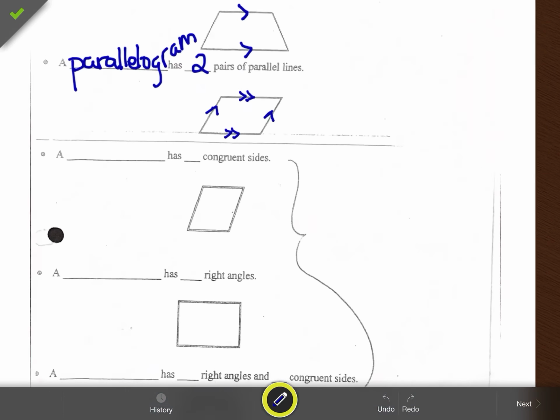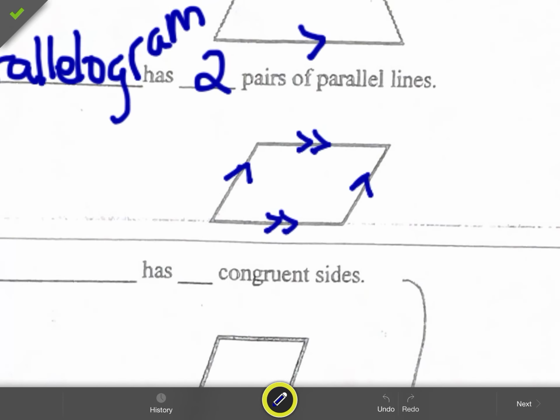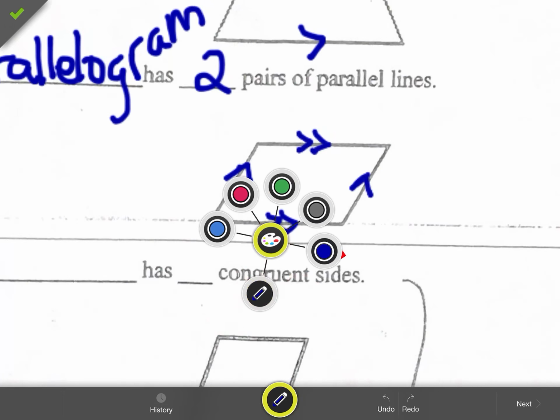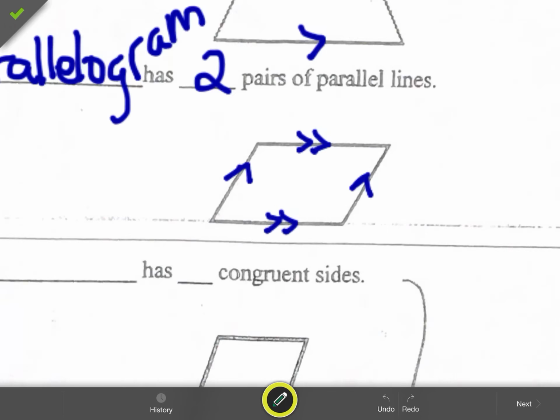Okay, so if you come back here and look at this shape, excuse me, we know that your opposite sides are parallel. They're also congruent. So just as an example, that means if this top piece is 12, then you know this bottom piece is 12. If this left side was 5, then your right side is also 5.